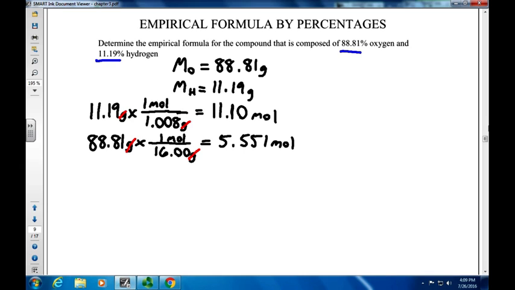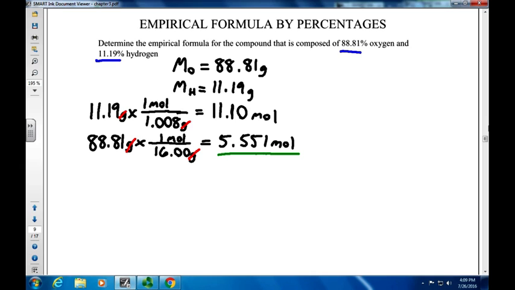You're always going to assume that the least number of moles, in this case oxygen, because 5.551 is less than 11.10, is going to be by itself.